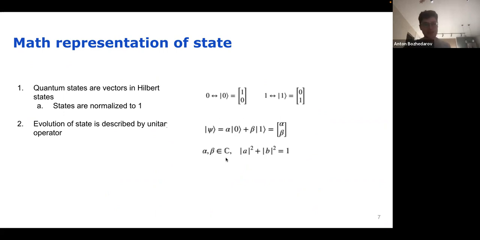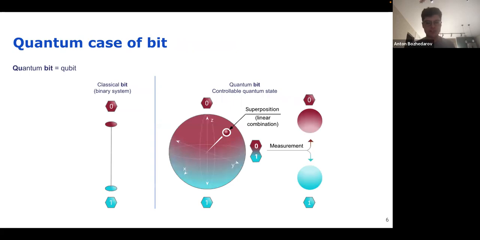We should normalize them because every quantum state is normalized to 1, from the axioms of quantum mechanics. We could store a lot of information in these numbers alpha and beta, but we cannot restore this information from the qubit by a single measurement, because every measurement destroys the superposition of quantum states.